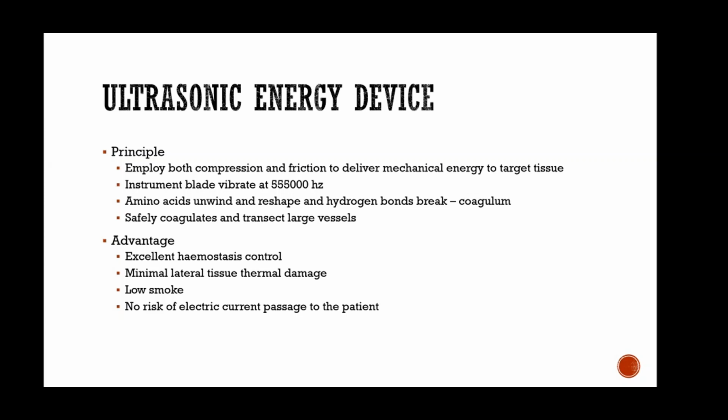By vibration, the amino acids will unwind and reshape, and hydrogen bonds will break, and thus it causes coagulation. So it safely coagulates and also transects large vessels. The diameter of the vessels differs, depending on the type of device.